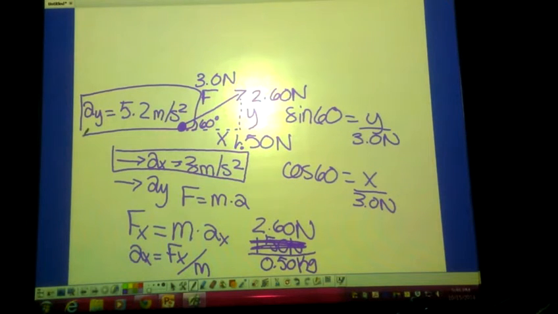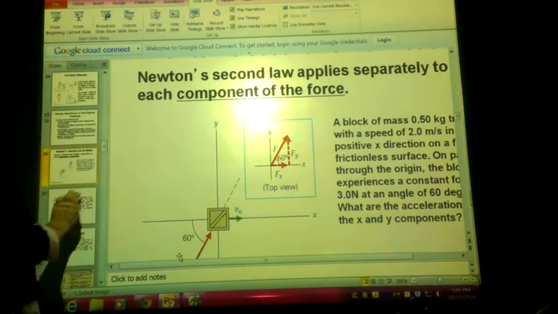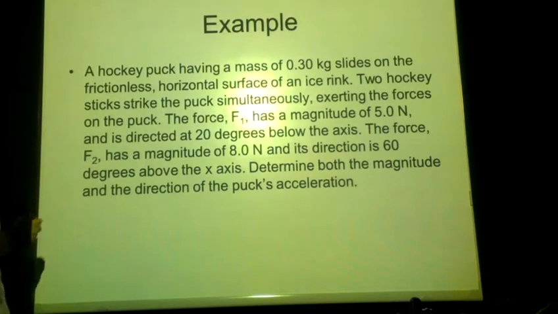Let's see another one. Okay, a hockey puck having a mass of 0.30 kilograms slides on the frictionless horizontal surface of an ice rink. 2 hockey sticks strike the puck simultaneously, exerting forces on the puck.